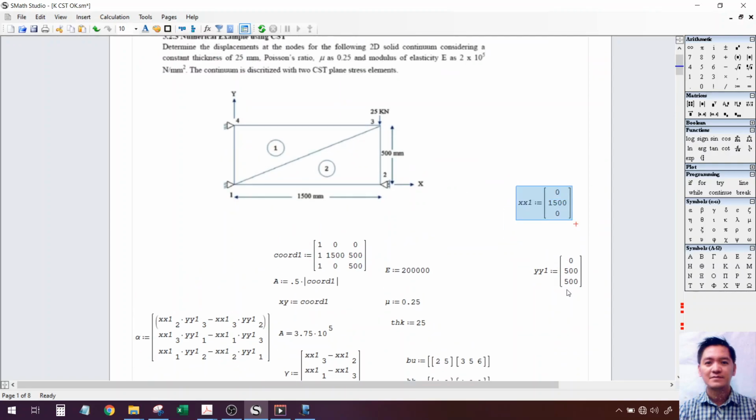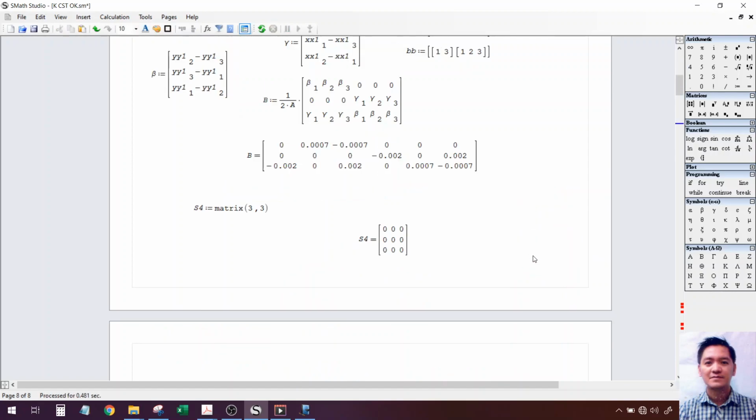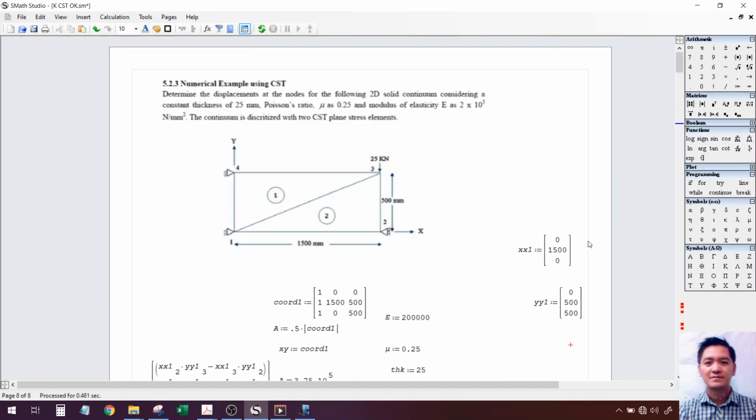So dito nagawa lang ako ng mga coordinates, no? Matrix indicating the coordinates. So for example, we have 1500 and 500. So hinati into two elements yung plate. Okay. For example, for element 1, so ano yung coordinates niyan?